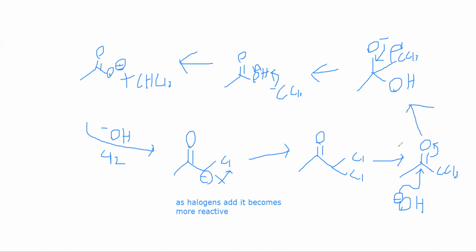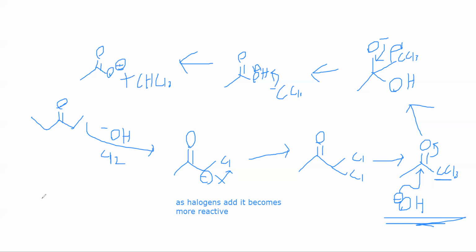And these last few steps, like with the hydroxide adding and kicking this out, this only happens if you have a methyl group next to a ketone. So if we had something like this, there's no methyl groups alpha to the ketone, so it wouldn't go that far. It might replace all of the alpha hydrogens with halogens, but it wouldn't do this last step here.